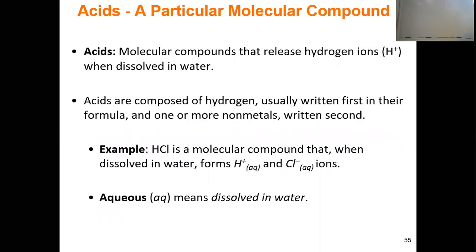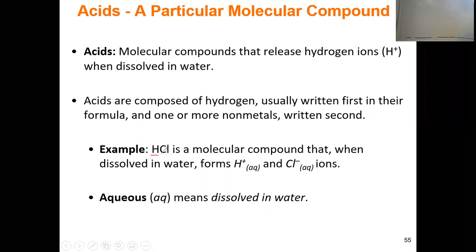Another type of molecular compound that we need to look at are acids. Okay, these are molecular compounds that behave a little weirdly because they do form ions in water. So you're going to be able to figure out that something is an acid because you're going to see that there's going to be an H out in front of it.